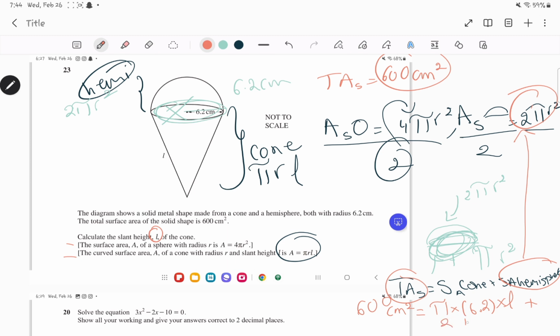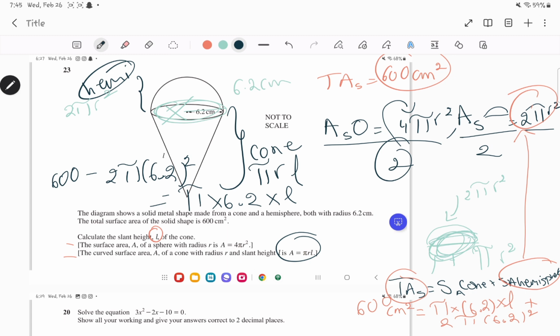So 2 times pi times the radius, 6.2, squared. If you make it an equation and solve it further, you get 600 minus 2 pi times 6.2 squared equals pi times 6.2 times the length.